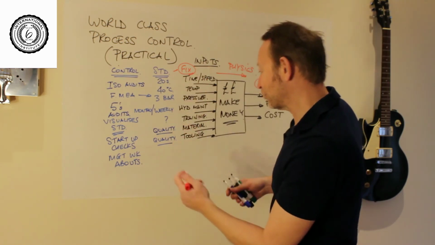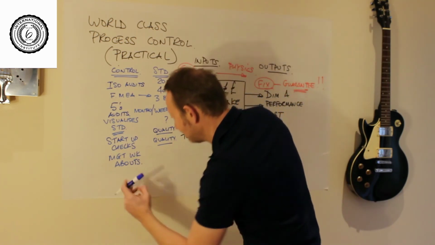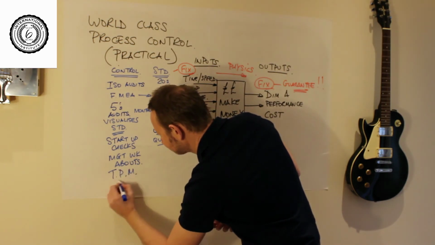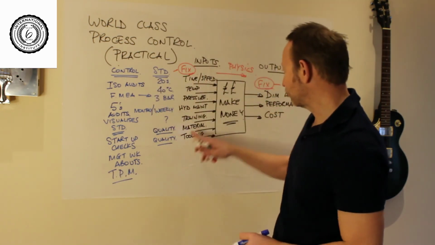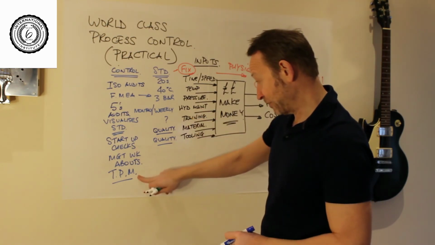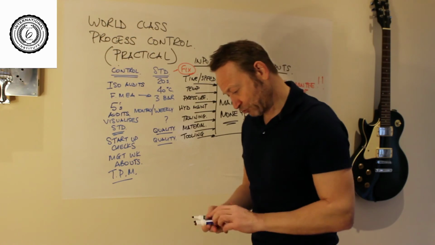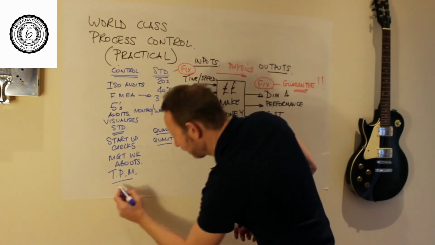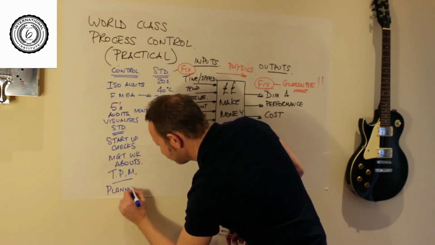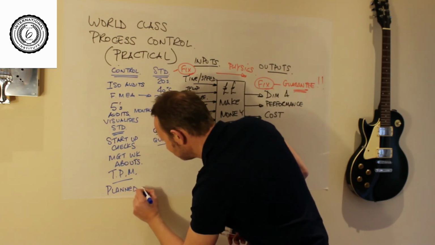Can I think of any others? TPM. TPM's a great one for controlling the process, controlling the quality of your machinery. TPM could be another controlling technique. Could just be planned maintenance routines. These things are all routines typically.